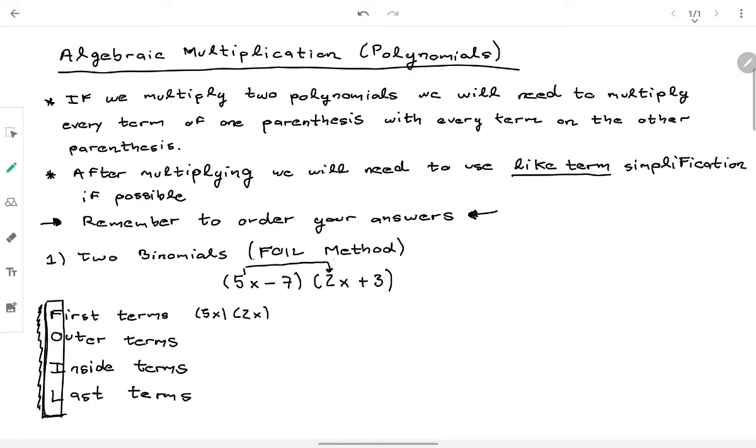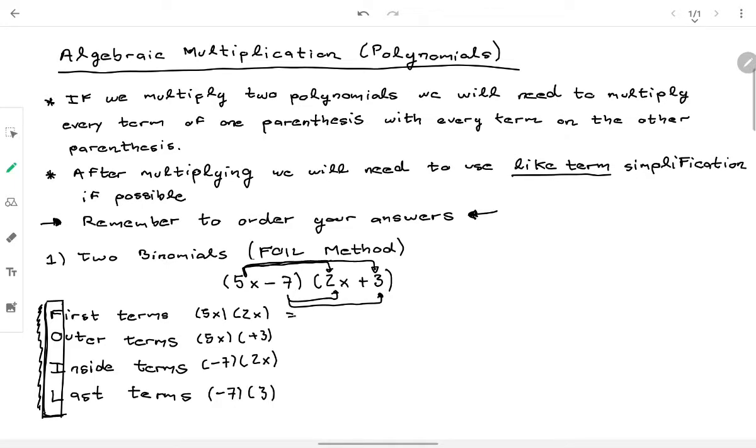Then outer terms, it will be 5x multiplied by 3. Then it will be inside terms, minus 7 multiplied by 2x. And finally, last terms, it will be minus 7 times 3.